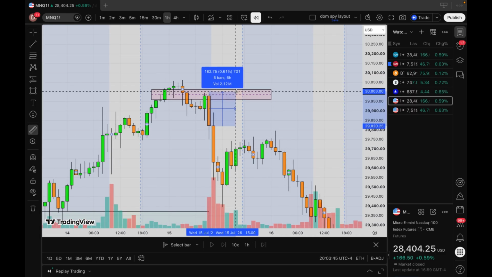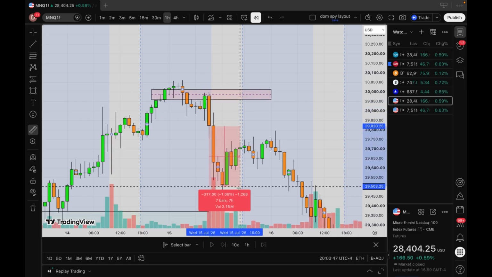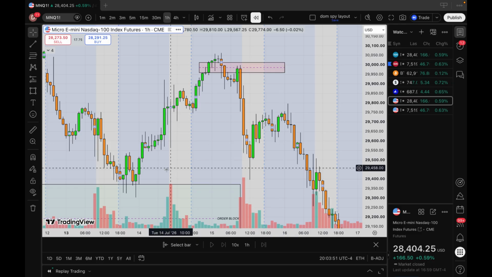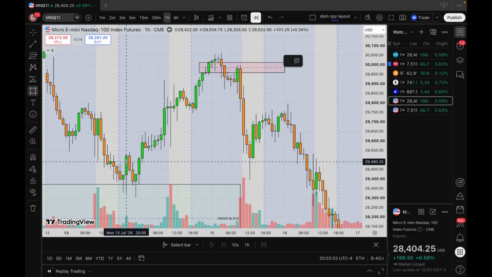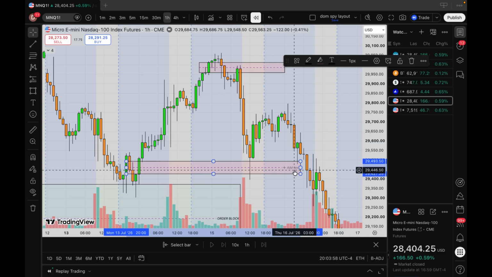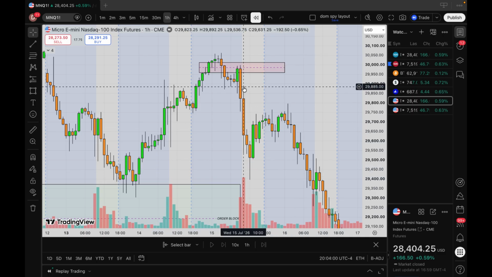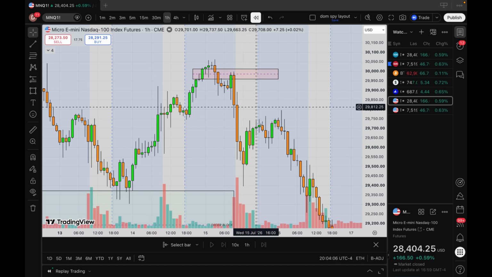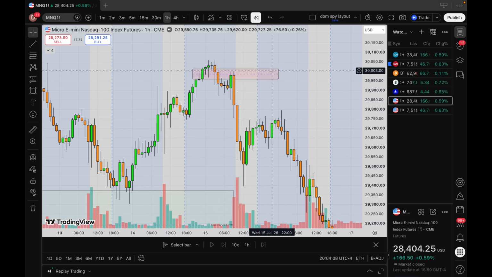You put your risk above here, and you would put your profit right here. You could tell there's a nice fair value gap right there. So just think about that. You don't have to trade the 5-minute or 1-minute time frame all the time, guys. You can do these 1 hour time frames. You see how that works out perfect there.